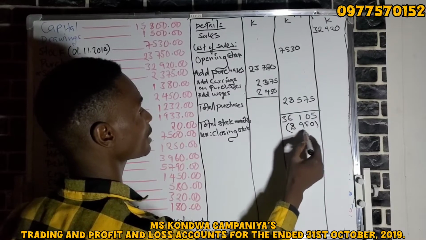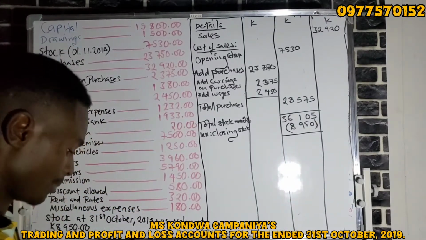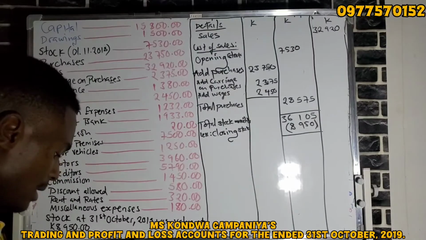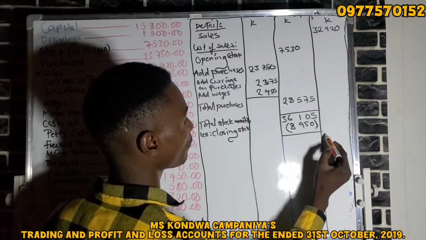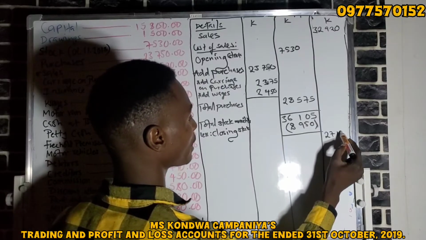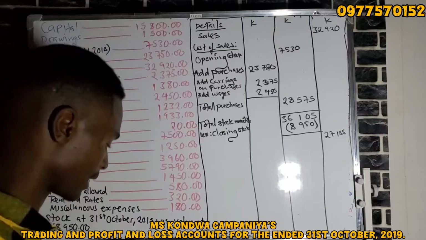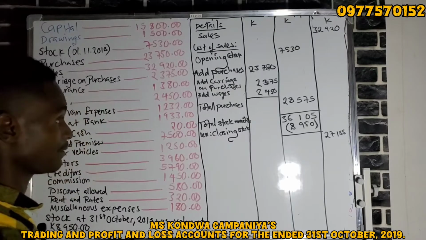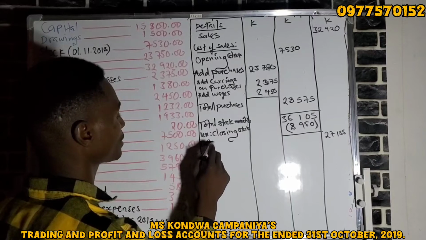We are subtracting that, so when you subtract 8,950, we're going to have 27,155. I want to write it in the last column, of course. That one is called cost of goods sold.